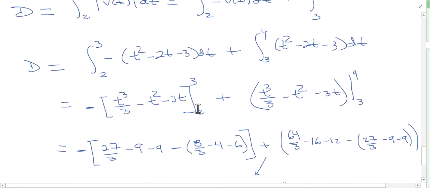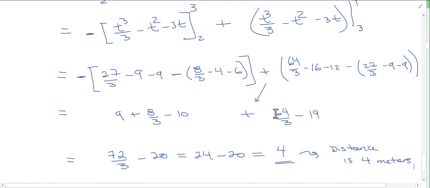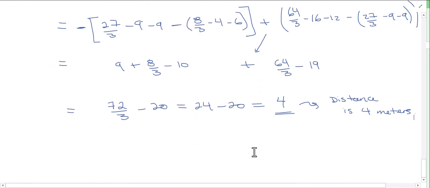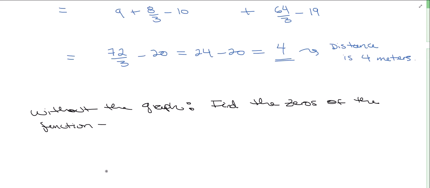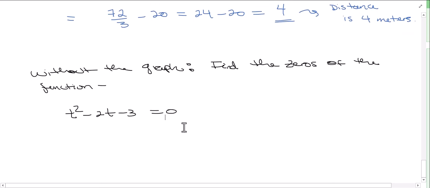The way to do that is, notice that we were able to find the absolute value by noting the zeros of the function. So without the graph, what I can do is find the zeros of the function and then see how it lands with my interval. So without the graph, let me write that. In our case, our function was t squared minus 2t minus 3. Finding the zeros of the function means set it equal to 0 and then solve.